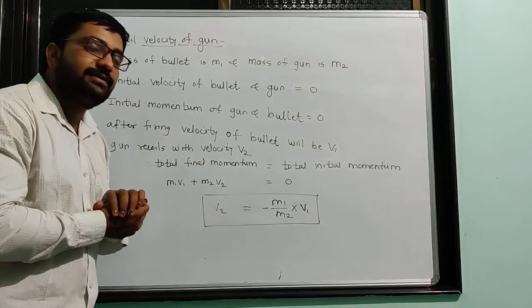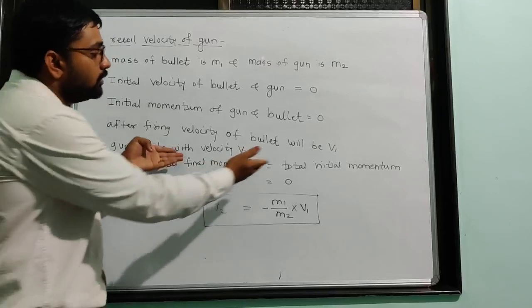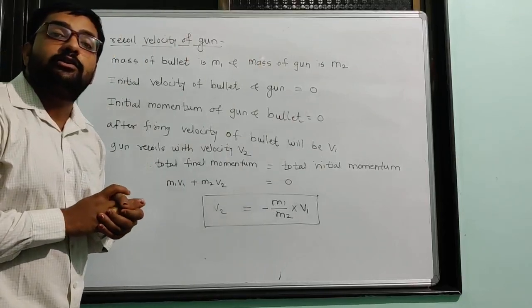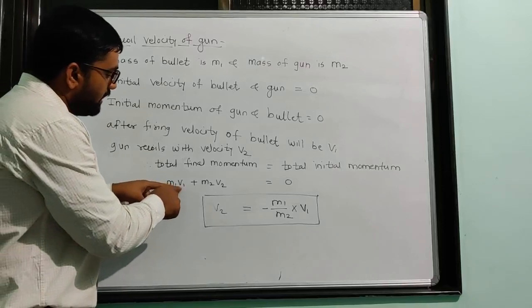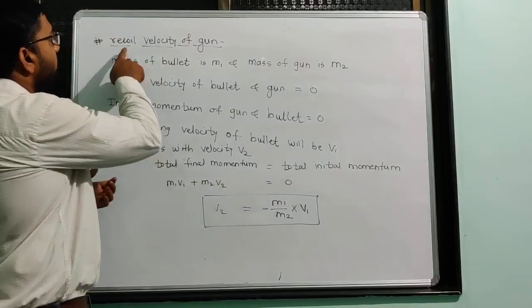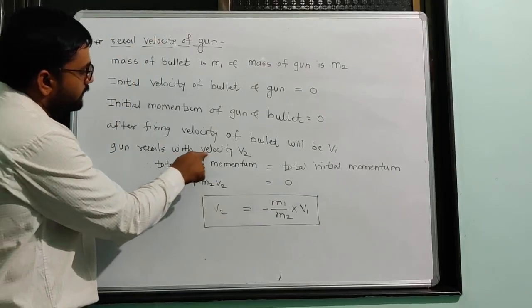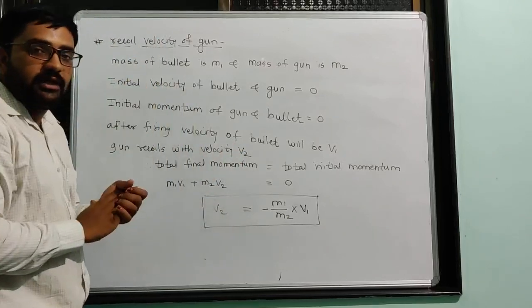So both momentums are equal according to the law of conservation of momentum. We can see here m1v1 plus m2v2 equals 0. We have to find this recoil velocity, the velocity v2 with which the gun recoils.